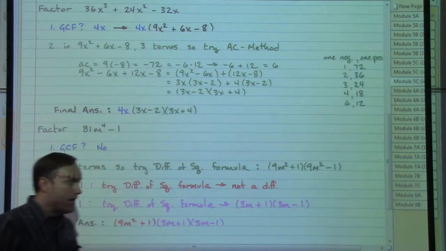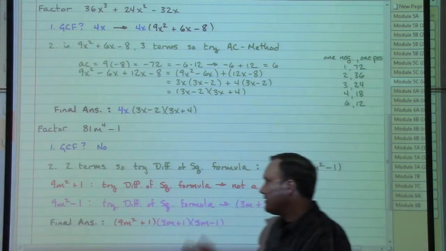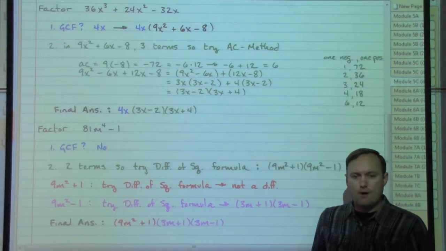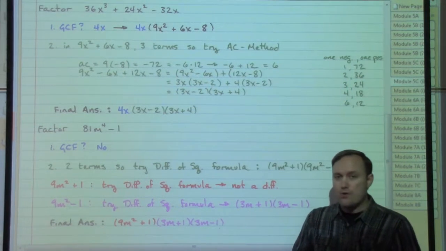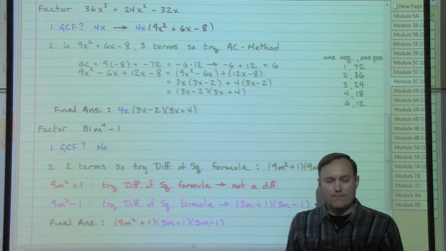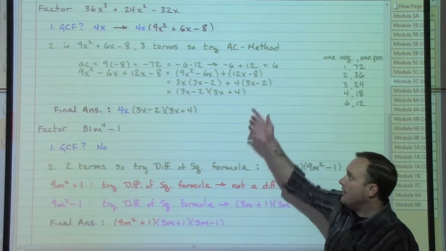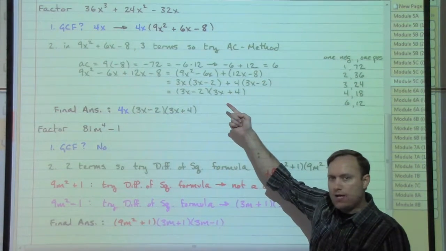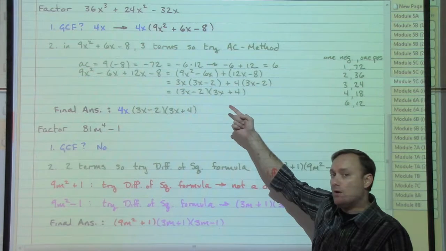So the factoring checklist, as you can see from these two examples, helps me work my way through any of my factoring problems in the event that I do not have any sort of hint whatsoever about what to try. And also in the event that, like our earlier example, we have more than one type of factoring to work out.